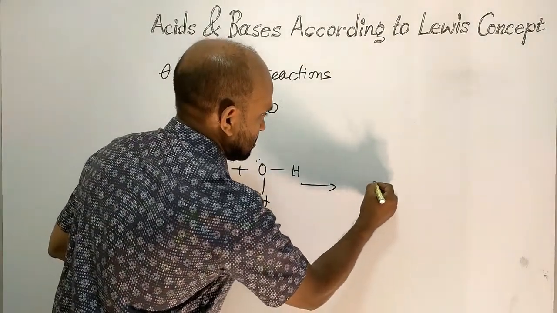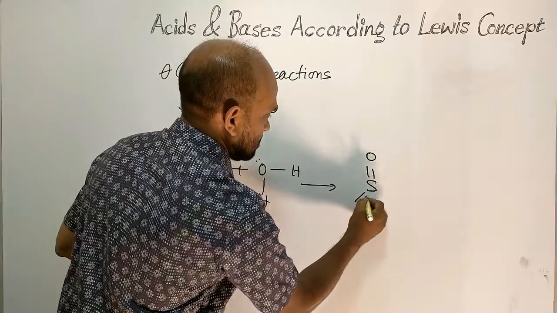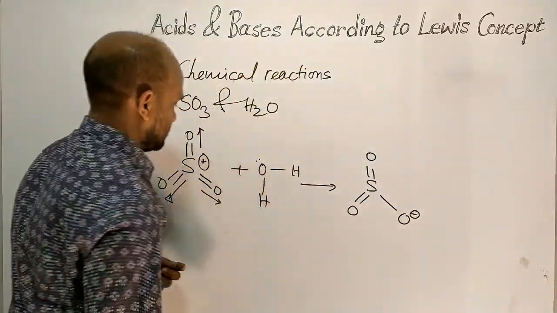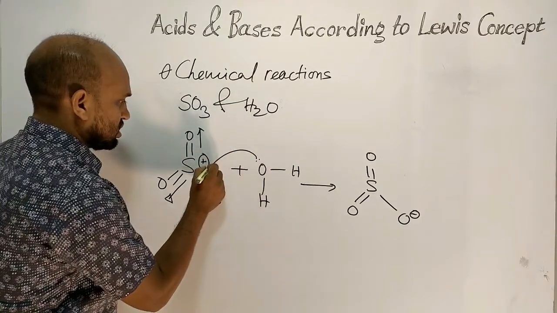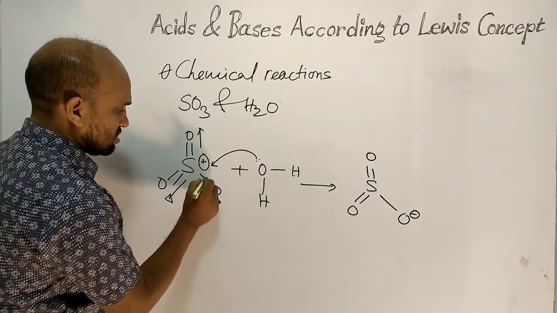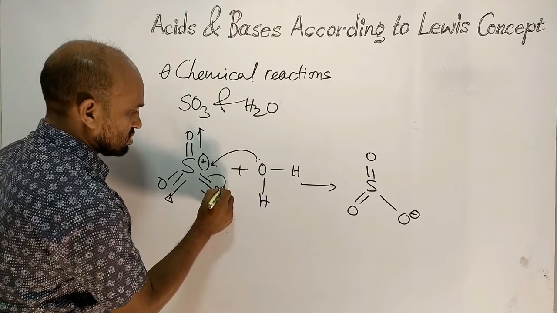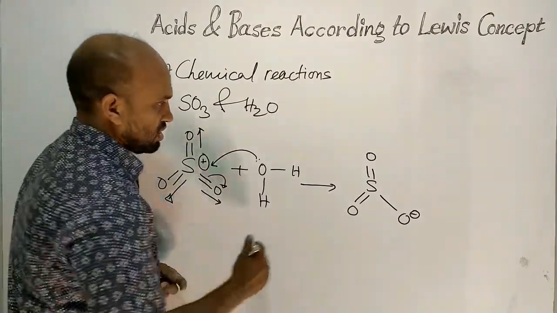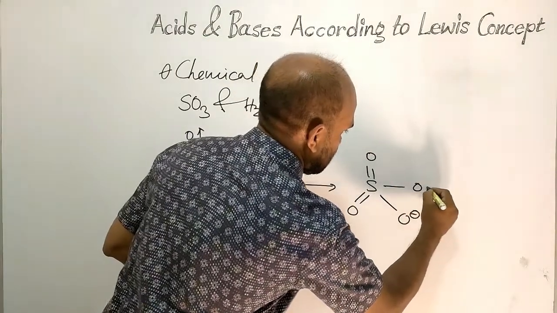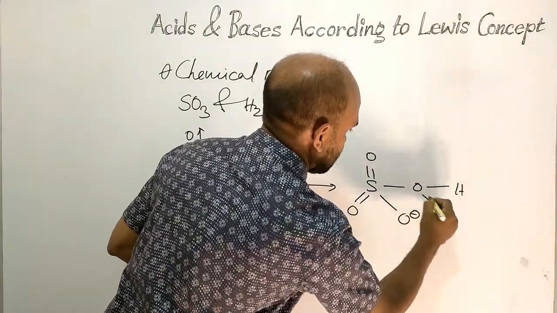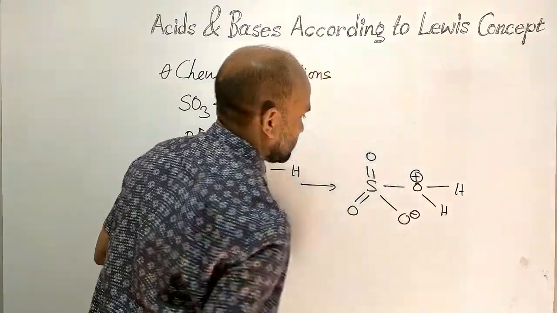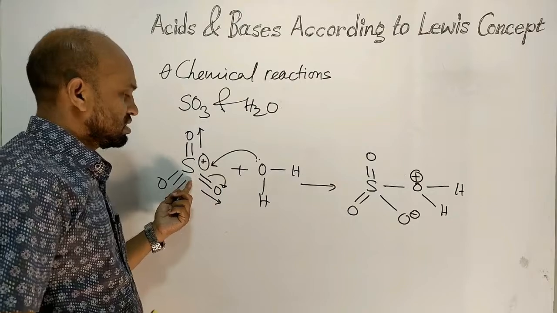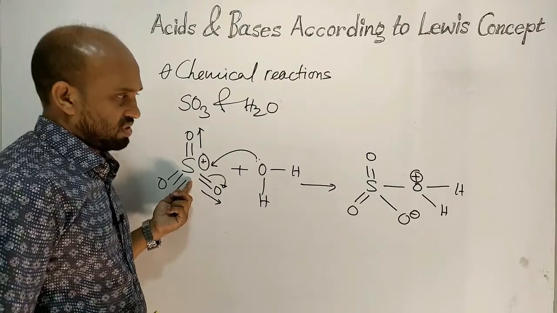Here sulfur, this is oxygen, and this oxygen becomes negatively charged. Because of this electron repulsion, these covalently bonded electrons turn into lone pair of electrons, and here oxygen and here hydrogen, this is hydrogen, it becomes positively charged because oxygen donated electrons to sulfur.